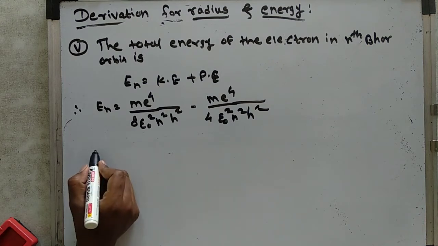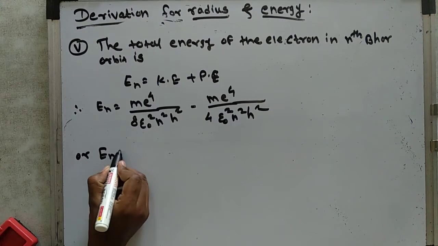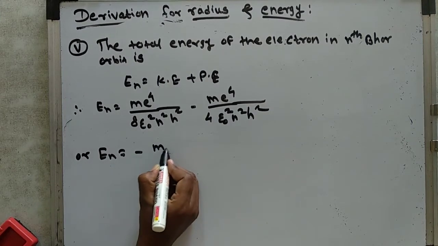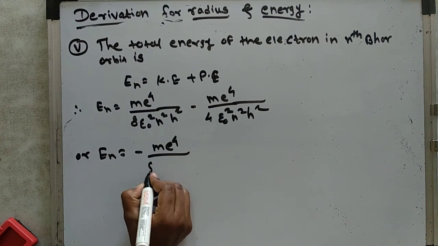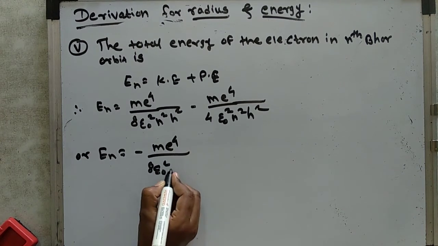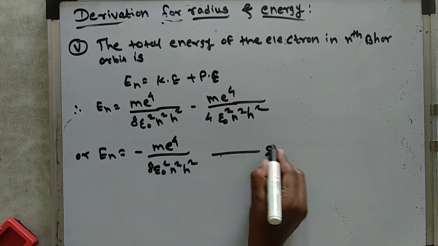Solve this. So we can write En is equal to minus m e to the power 4 upon 8 epsilon naught square n square h square. Equation number 8.